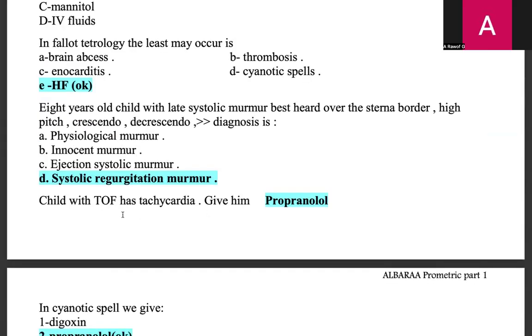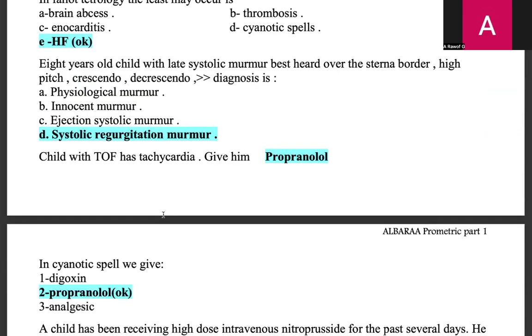A child with tetralogy of Fallot has tachycardia. We will give him propranolol. The treatment of a child with tetralogy of Fallot who has tachycardia is propranolol.